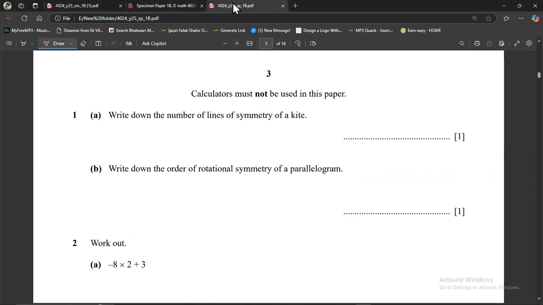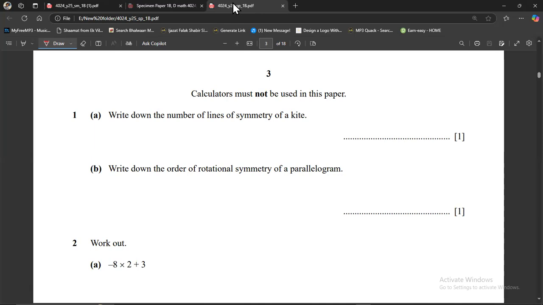Then they say, write down the order of rotational symmetry of the parallelogram. The order of rotational symmetry means that you take a shape, draw its outline, and then rotate that shape through 360 degrees. Then you check how many times in that 360-degree rotation the shape will fit in its original outline.